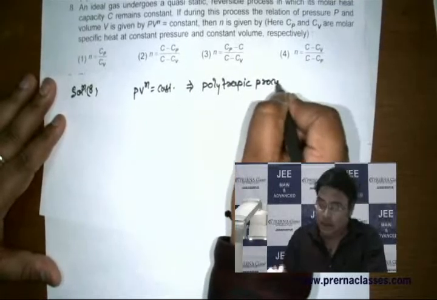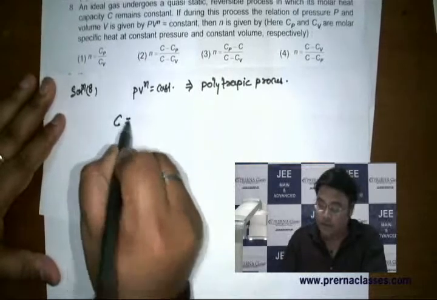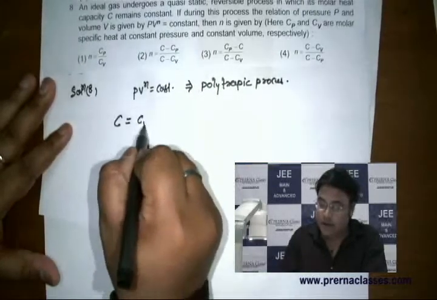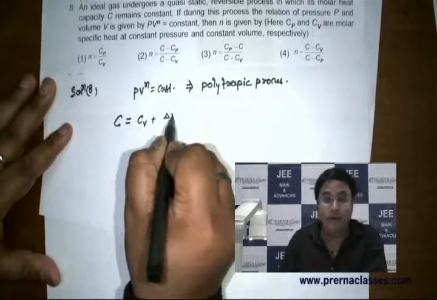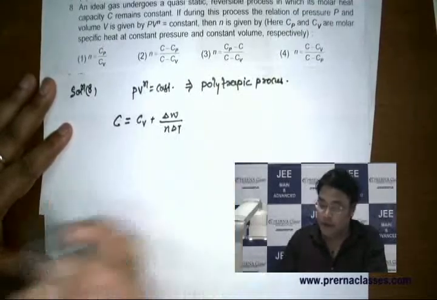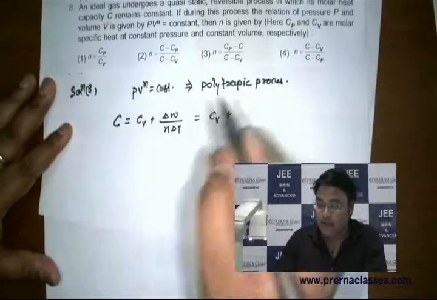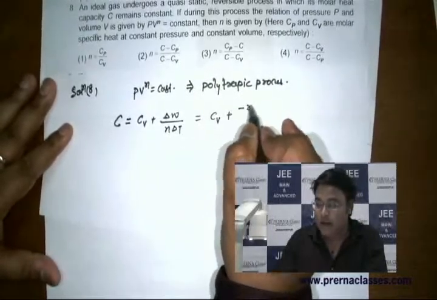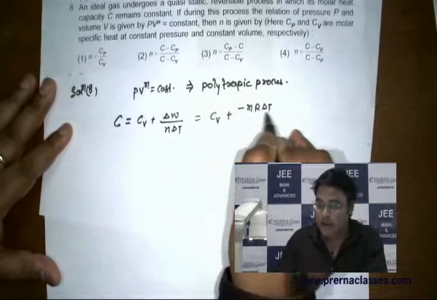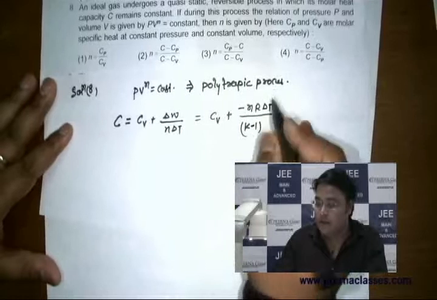In general, we have molar heat capacity for a process equal to Cv plus delta W divided by n delta T. In case of a polytropic process, it comes Cv plus (delta W minus nR delta T) divided by (K minus 1) into n delta T.